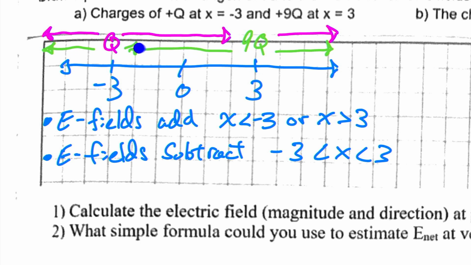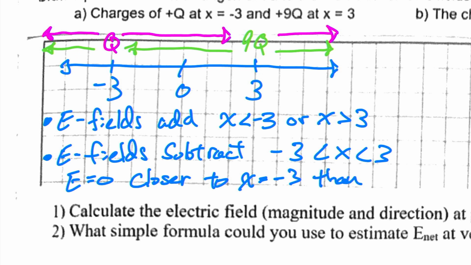So what we need to do is move closer to -3 so that we're closer to the smaller charge, and that makes up for the larger charge being at a greater distance, which makes up for the fact that it's larger. So we can summarize that by just saying that E equals 0 closer to x equals -3 than x equals +3.